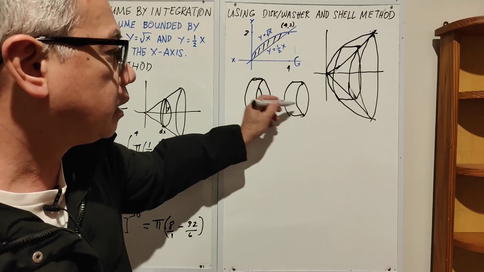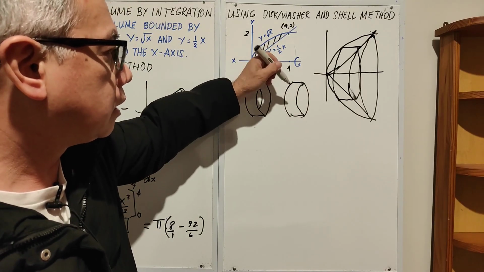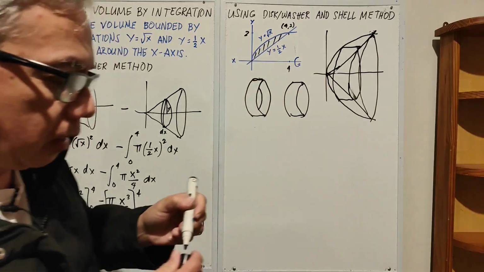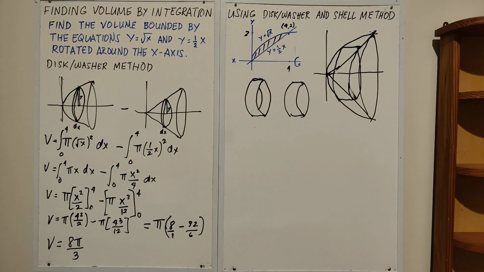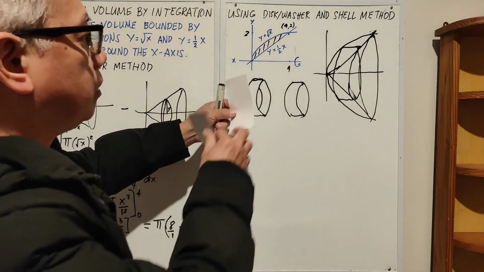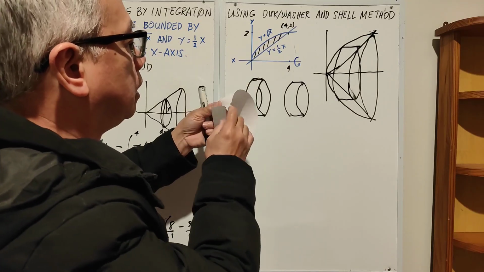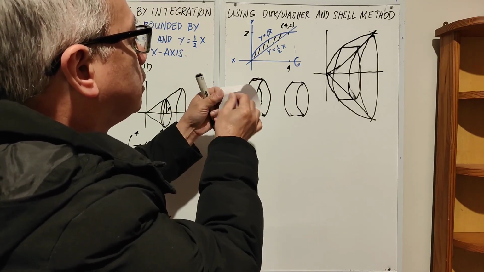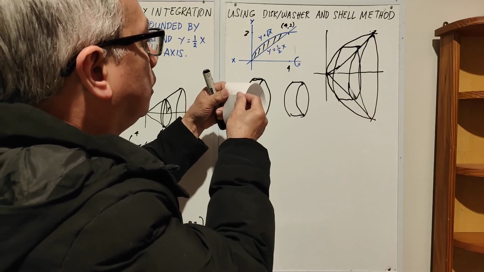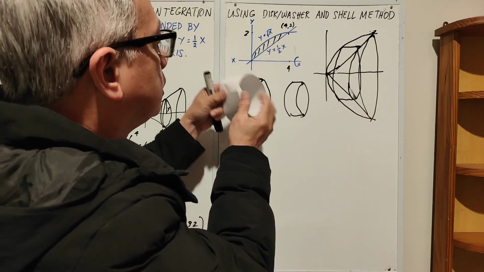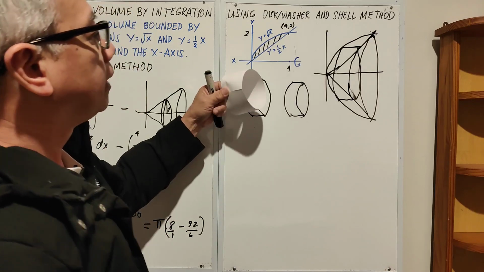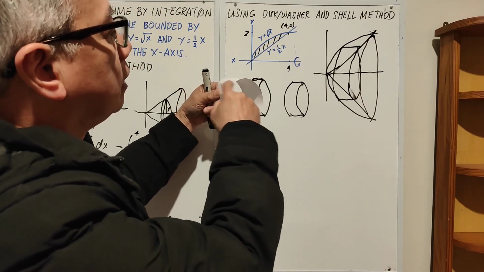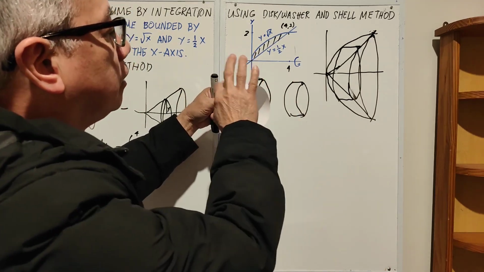To get the area, here's a piece of paper. This is like a shell of a cylinder. So this is your cylinder. Now you want to get the surface area of this one.